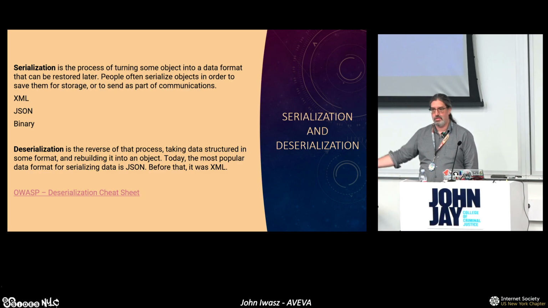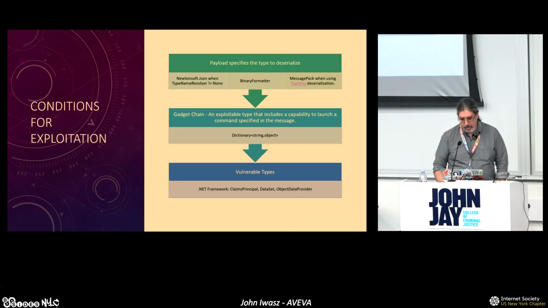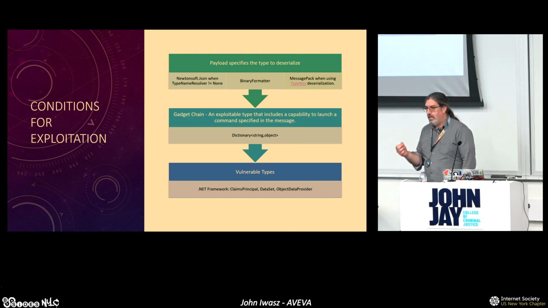So what types are vulnerable? Ones that expose gadget chains. And we've got a few conditions for vulnerability. It's not just that the type has to be present. It's having a type in your app domain, in your process, that can be subverted, exposes you to this vulnerability. So the .NET Framework is full of these.